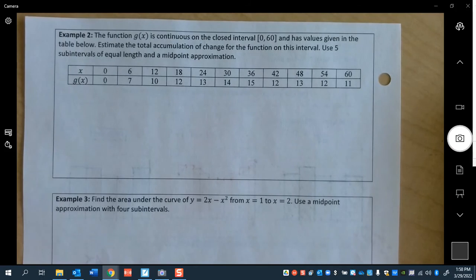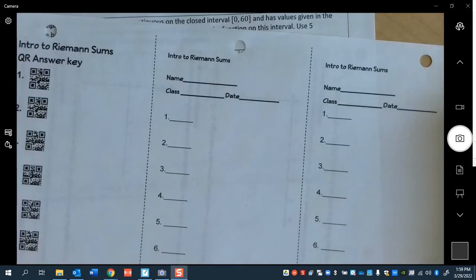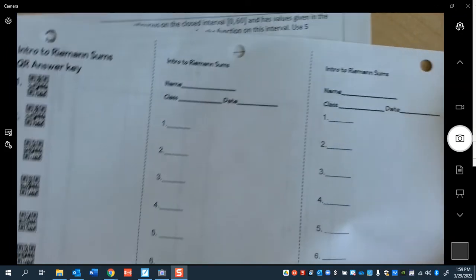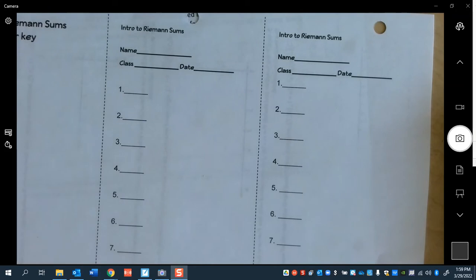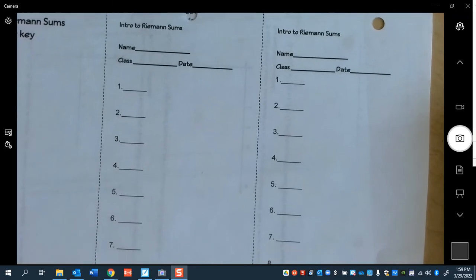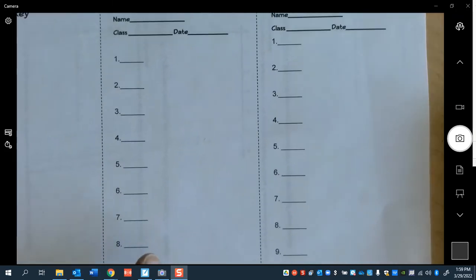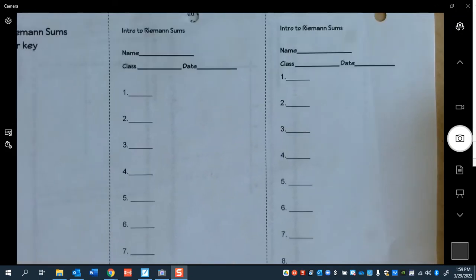So we're going to take a break from the notes now, and we're going to go back and let's talk about your homework. So take a minute and take out your homework from last class. On the back of this worksheet is multiple answer grids. You only have to fill out one. So whether you use the left or right, it doesn't matter to me.